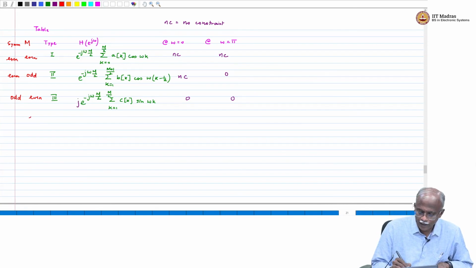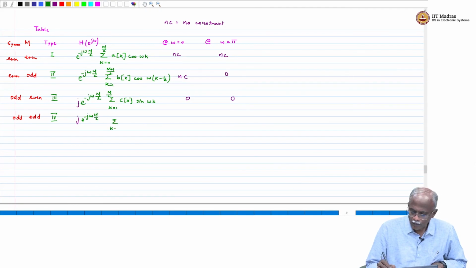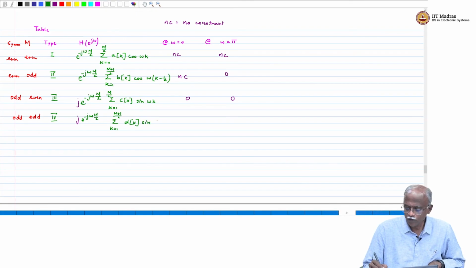And finally, we have odd order, odd symmetry, that will be type 4. This will also have a j term, e^{-jωM/2} summation k equal to 1 to (M+1)/2 of d[k] sine ω(k minus 1/2).